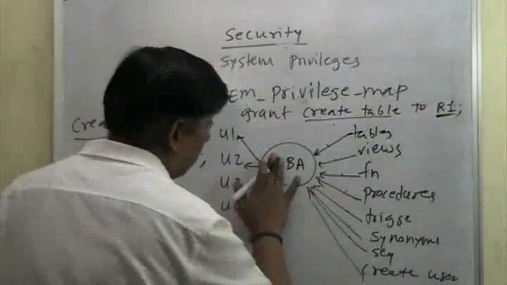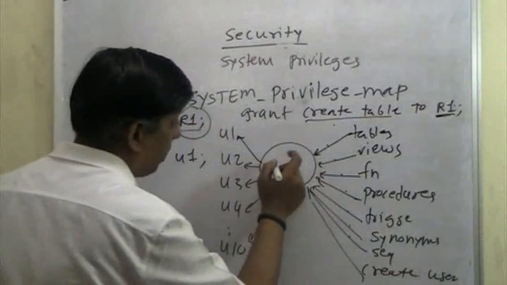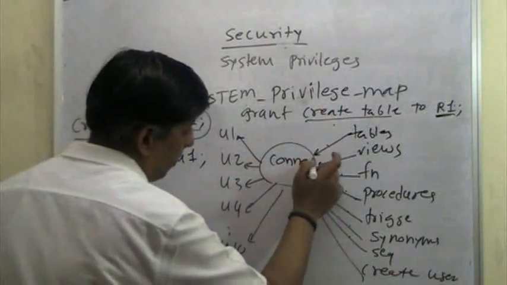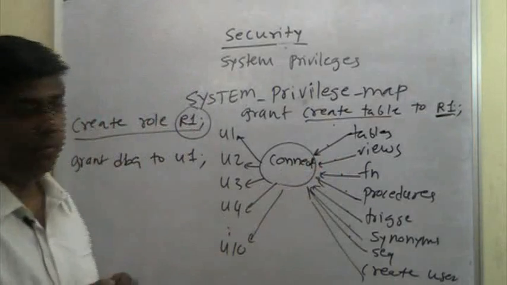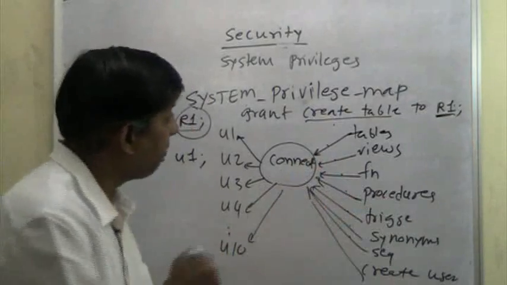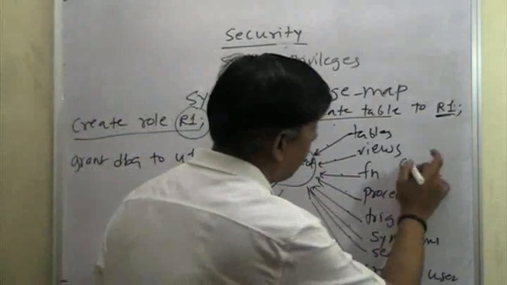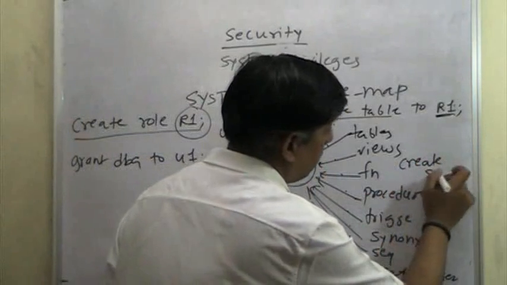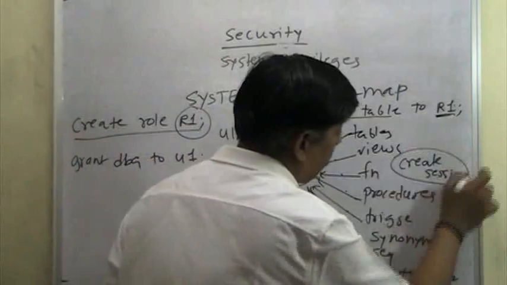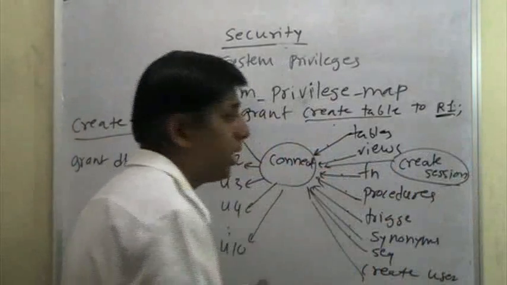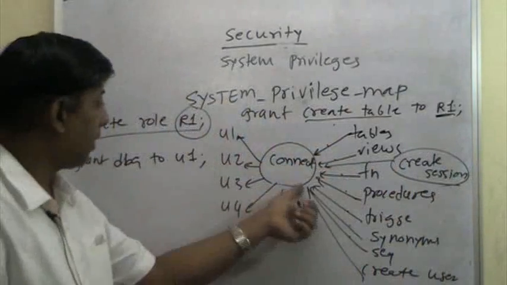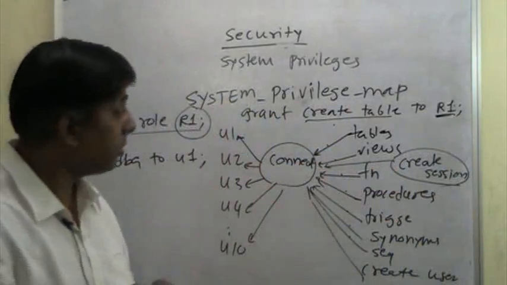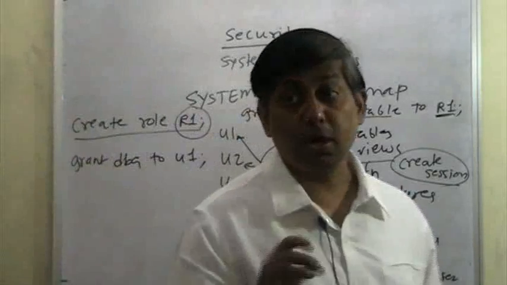Oracle has also created certain other roles, and one of them is connect. Connect is a role which has a system level privilege called create session. Very important privilege that has been granted to the connect role. Then you grant the connect role to any other user, and because of create session, the user is able to log in.